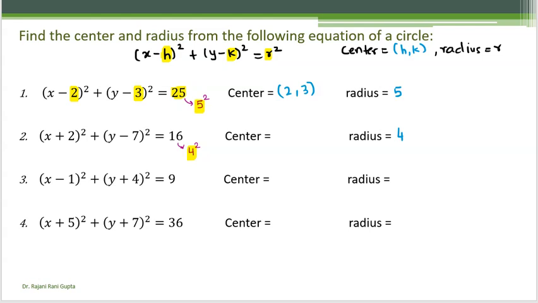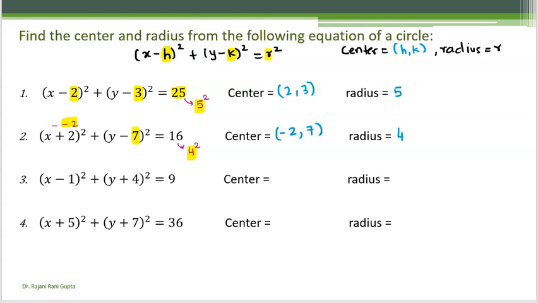Now, comparing this with the standard equation, here it is x + 2, so we can write it as x minus of minus 2. So your h becomes -2 and k is 7. Hence the center is (-2, 7).